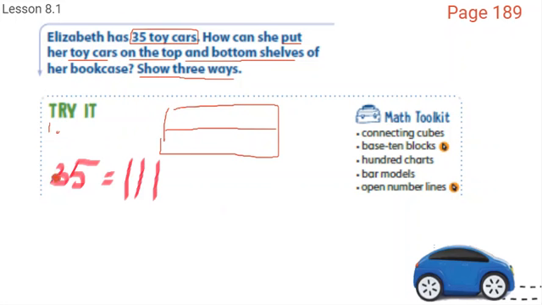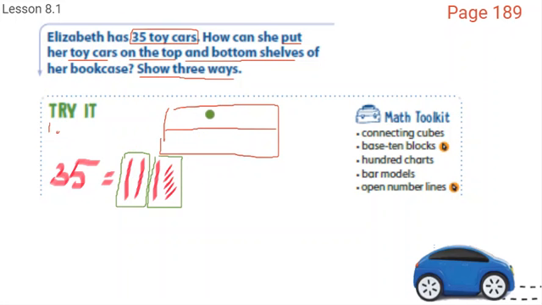Those 3 10s, and then I have 5 ones. 1, 2, 3, 4, 5. Well, this is pretty simple. Let's make that a grouping, and this a grouping. Then there's going to be this on the top, and that's going to be the bottom.